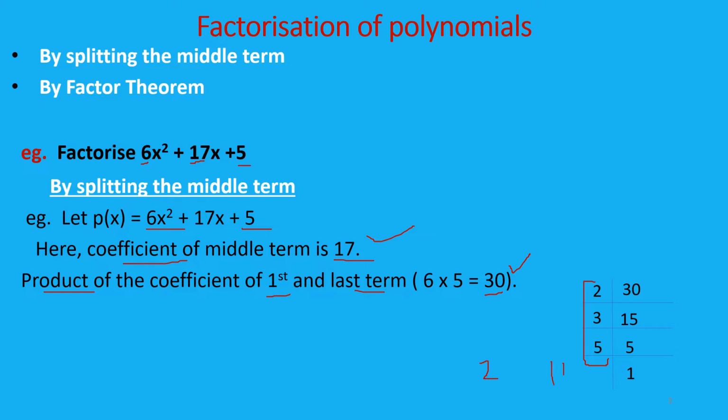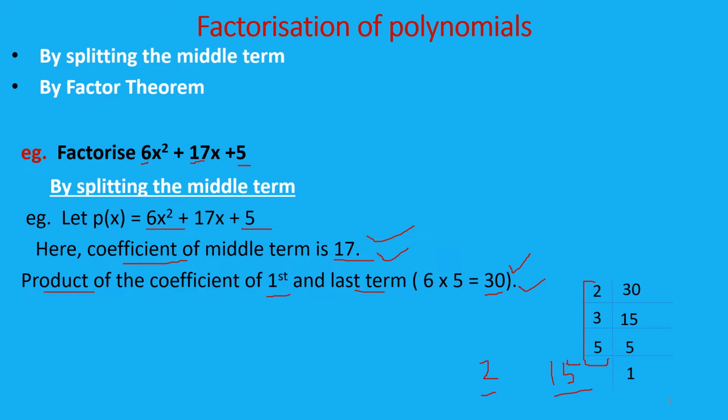So 15. I have arranged the three factors in such a way that one number is 2 and the second number is 15. Now if I find the sum of these two, 2 plus 15 is 17, that is correct. And if we see the product, 2 into 15 is equal to 30, that is also correct, right? So now we have the two numbers.